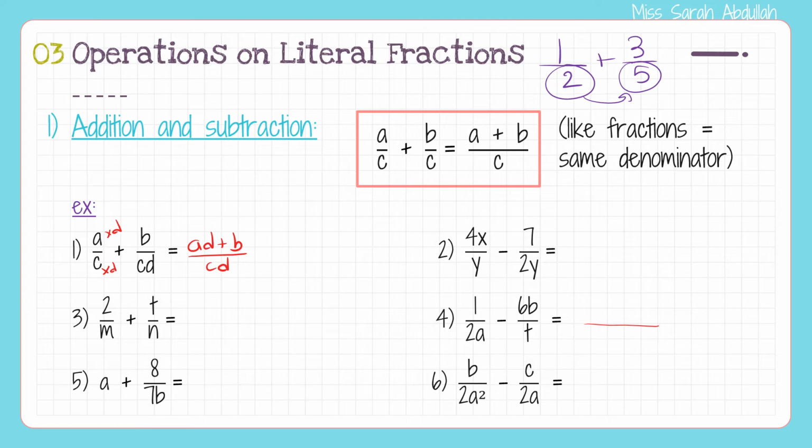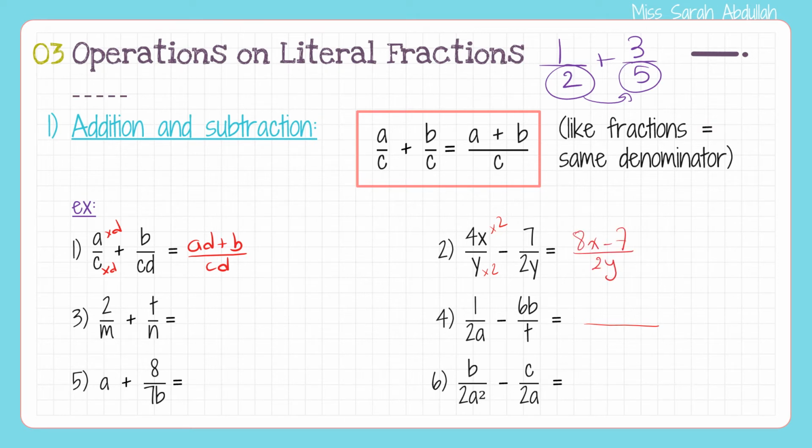The second one, I have y and I have 2y. Can I multiply one of them so that it becomes equal to the other? Yes, I can multiply the first one by 2. It becomes 2y also. Okay, so the answer, for x times 2, we multiply the number by the number. So 4 times 2 is 8x minus 7 over 2y.